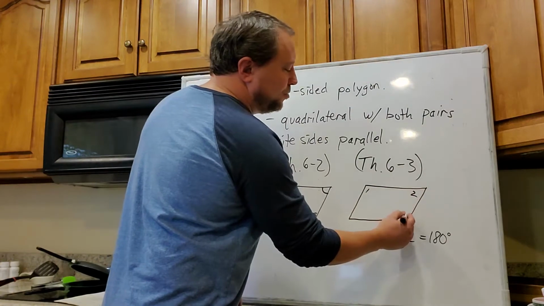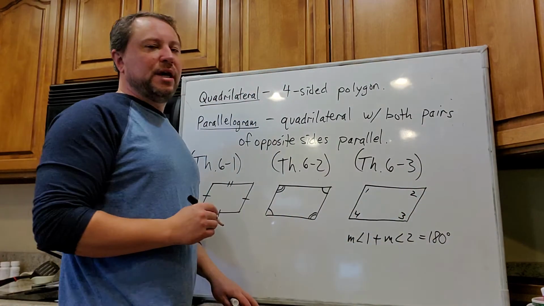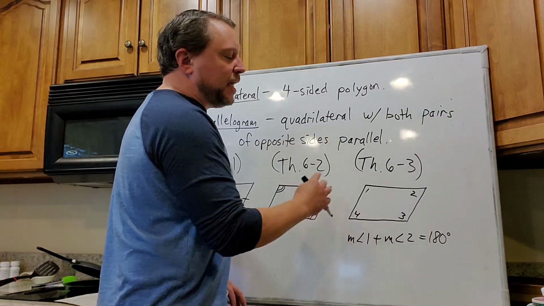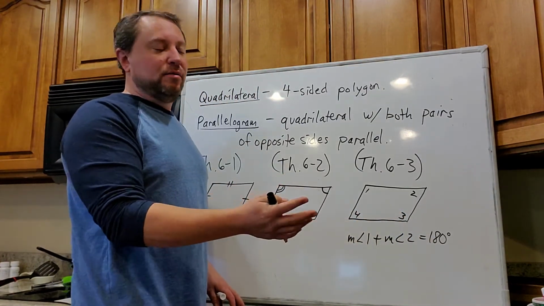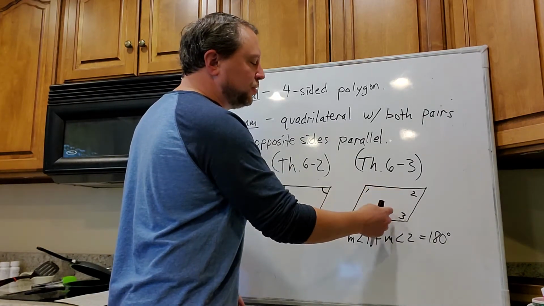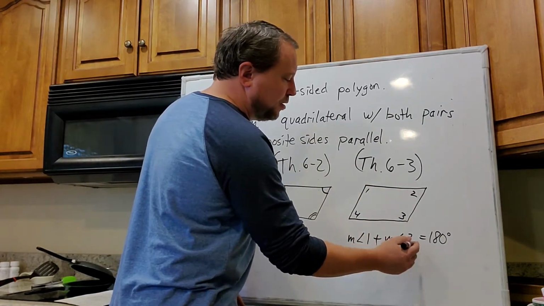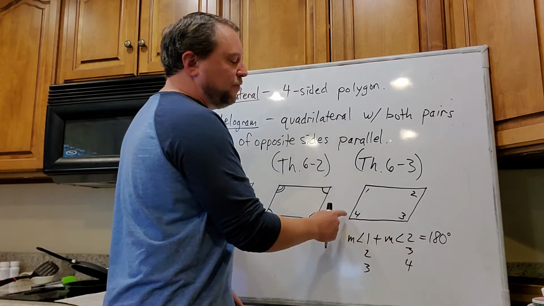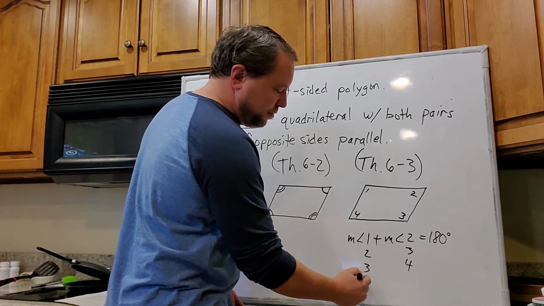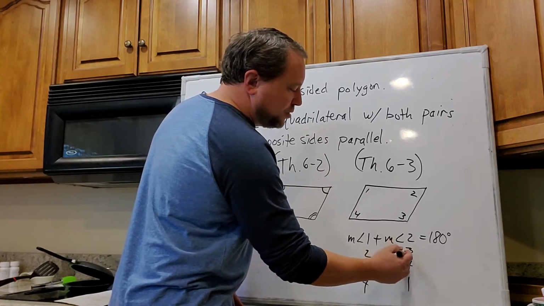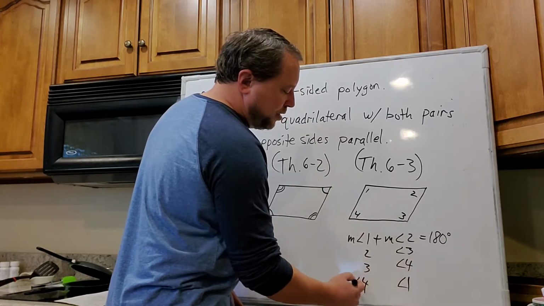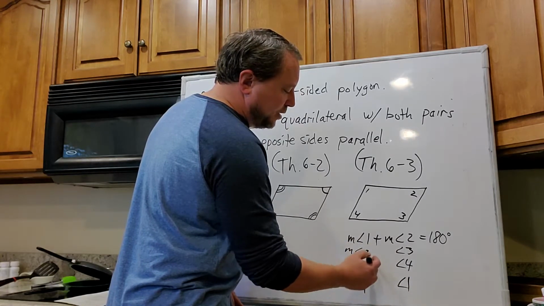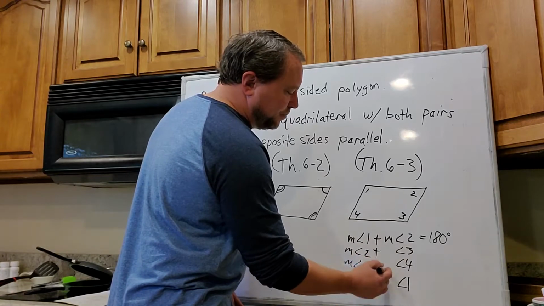So 1, 2, 3, 4, let's number all of those angles. And now we could go on to say not only 1 and 2 add up to 180, but any pair of consecutive angles, 2 in a row. Like 2 and 3, 3 and 4, and finally 4 and 1. Okay, so any pair of consecutive angles like that are going to add up to 180. They're going to be supplementary.